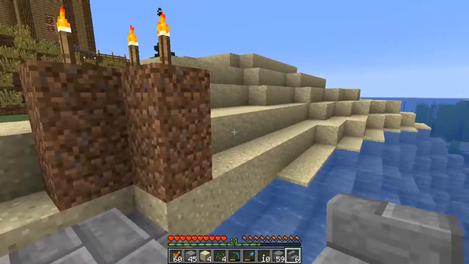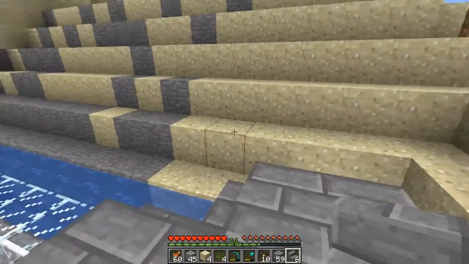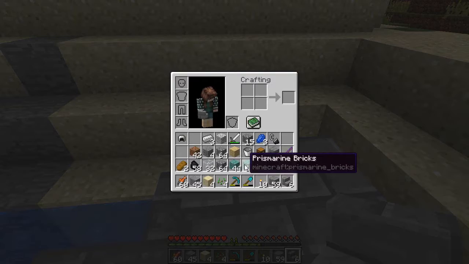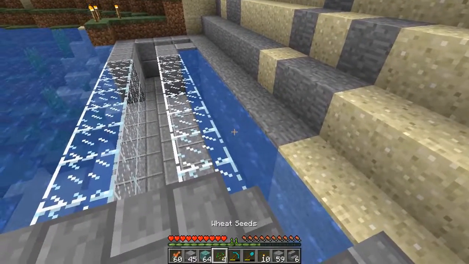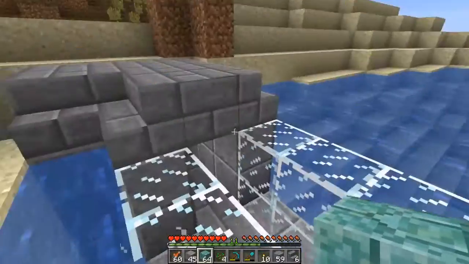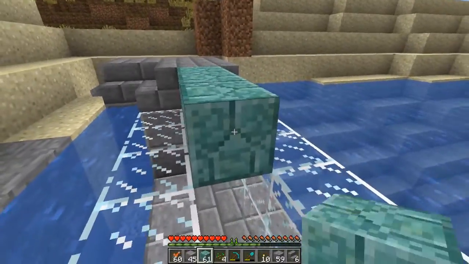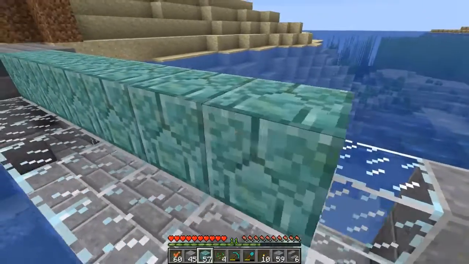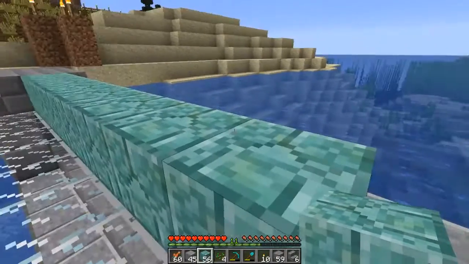Now for this section right here though, instead of stone brick, we will be using prismarine brick. So there'll be 8 of these, 4, 5, 6, 7, 8, and of course stairs to match.